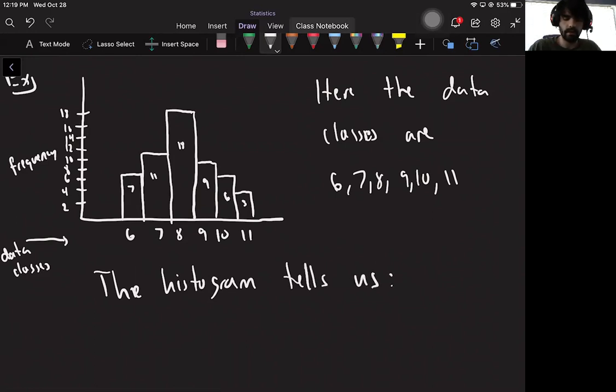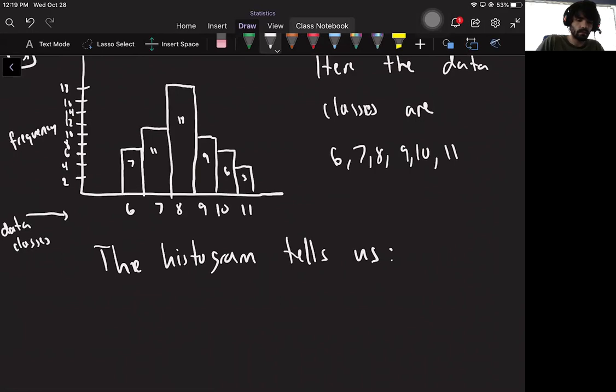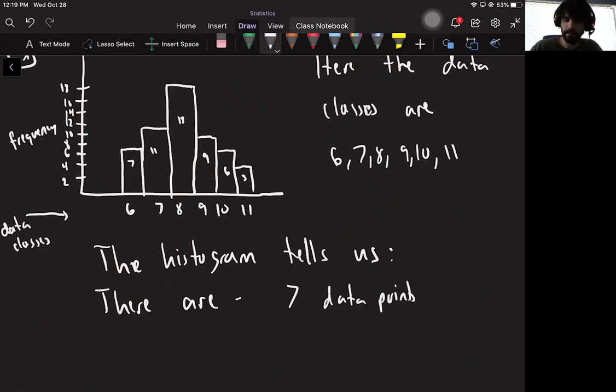It tells us that there are 7 data points of value 6. That's what this first rectangle is saying, because it goes up to height 7. And it's in the data class 6.